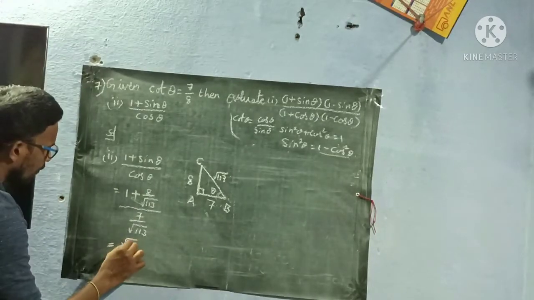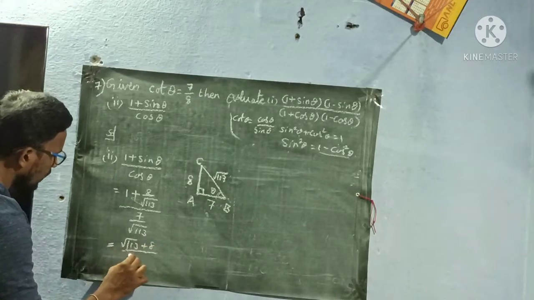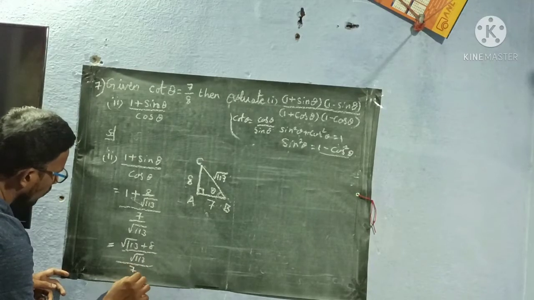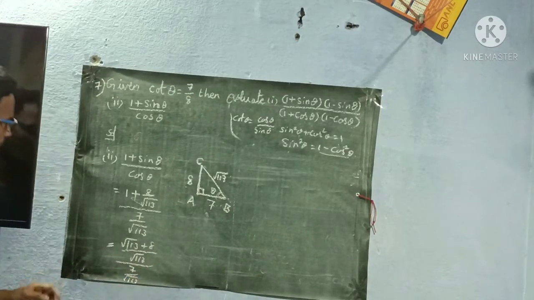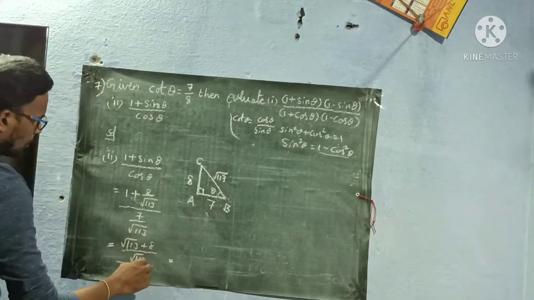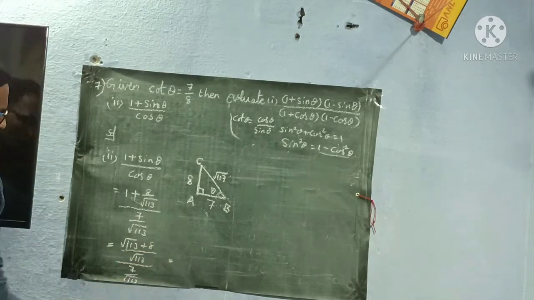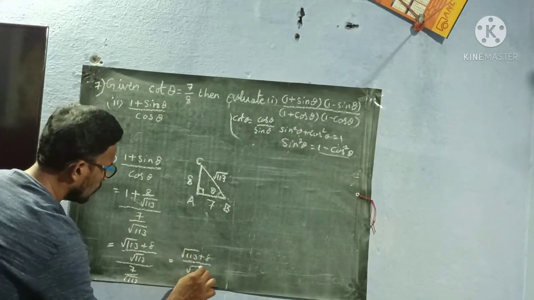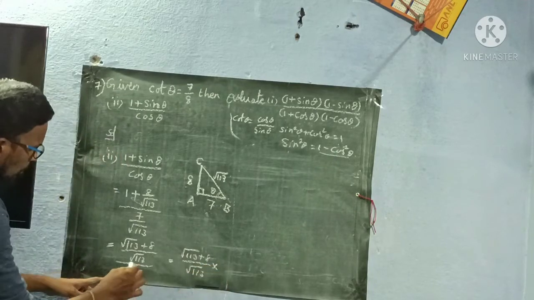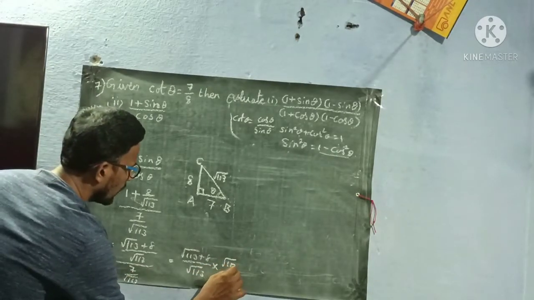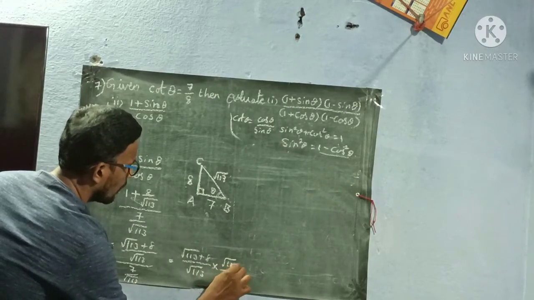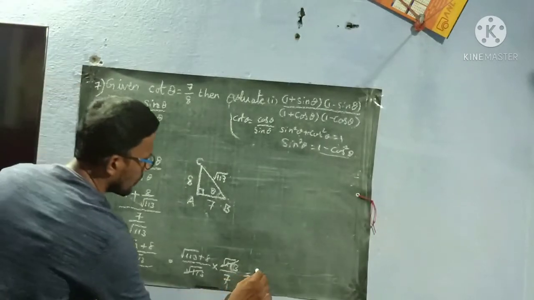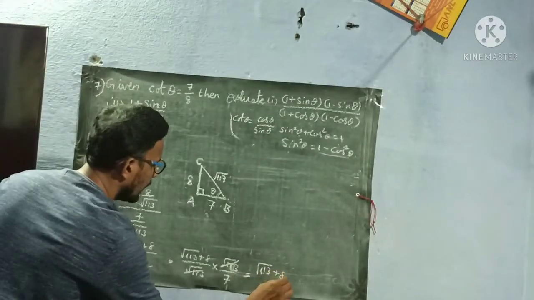So (root 113 + 8) by root 113 whole divided by 7 by root 113. Now this numerator you keep like that only and the denominator becomes reciprocal. So (root 113 + 8) by root 113 into the reciprocal of 7 by root 113, which is root 113 by 7. So here root 113 gets cancelled. Answer is (square root of 113 + 8) by 7.